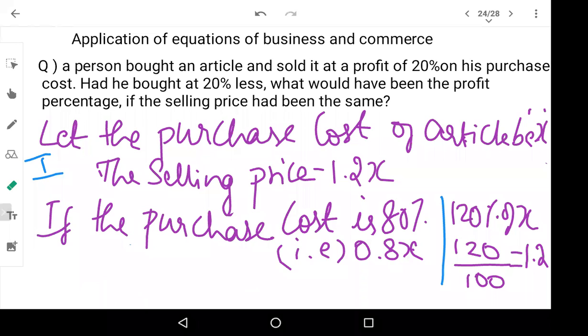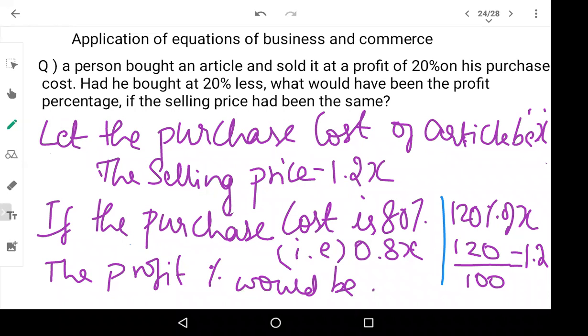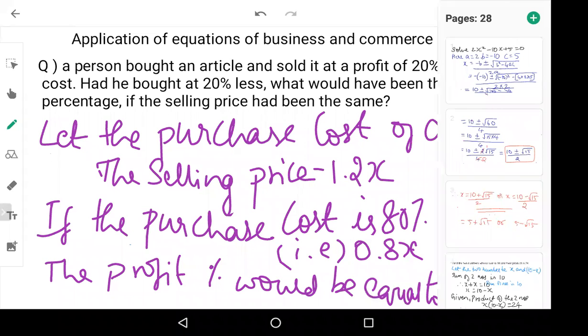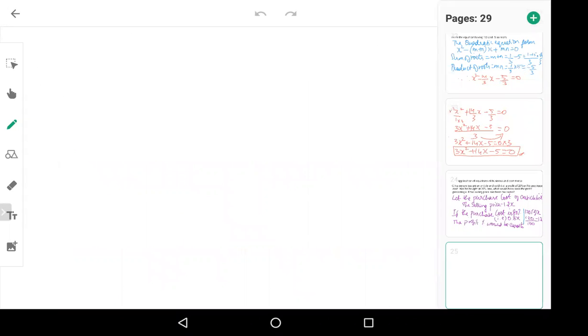Okay. Now, the actual solution. What we are going to do here is find the profit percentage. So the profit percentage would be equal to, let us derive.